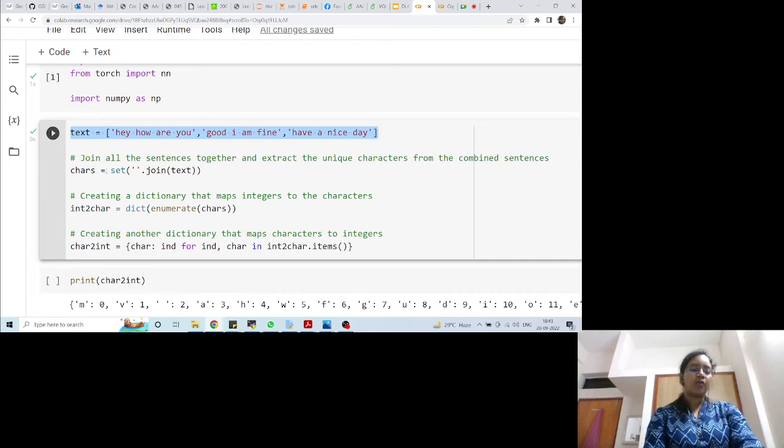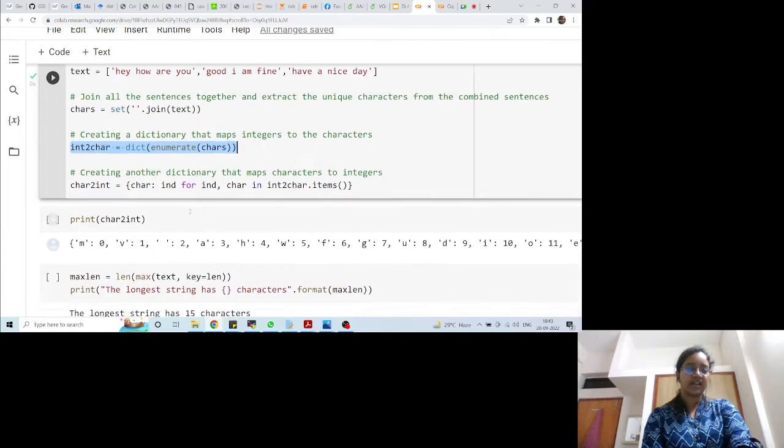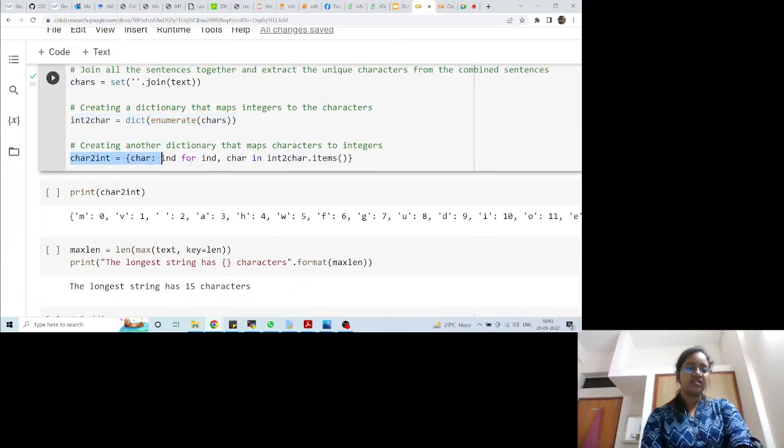In this step they have just joined it, and in this particular step, for each character they have assigned a number. As it says, you create a dictionary where each integer is mapped to one character, and similarly there's an opposite dictionary where each character is mapped to one integer.